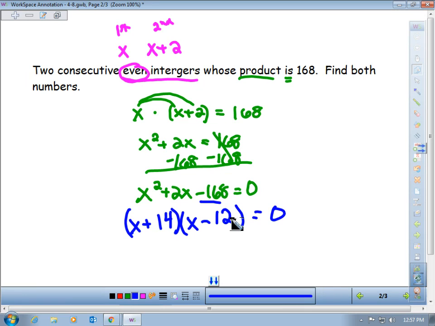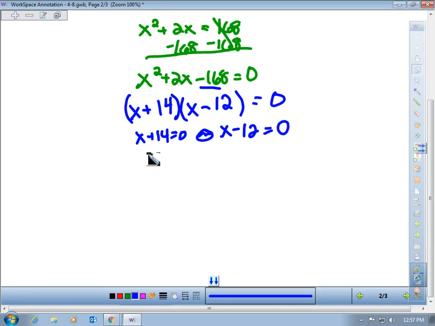So you're just going to have to keep going until you find one that works. So it's x plus 14 equals 0, or x minus 12 equals 0. So we're going to subtract 14 here. So we get x equals negative 14. And then for this one, we get x equals 12.